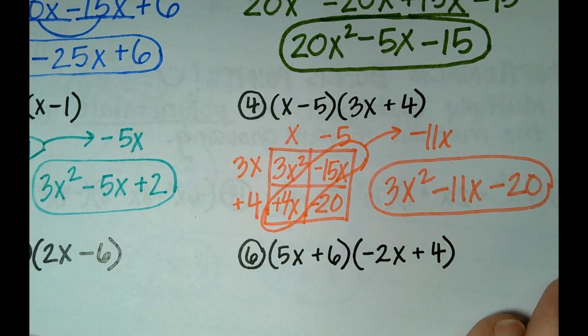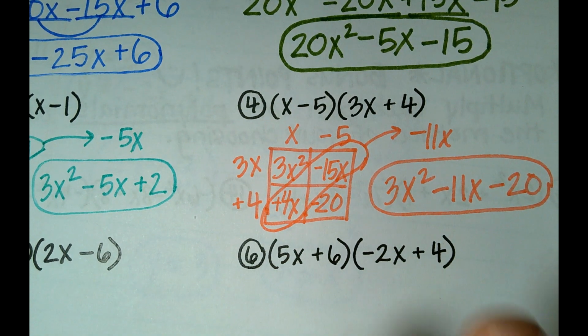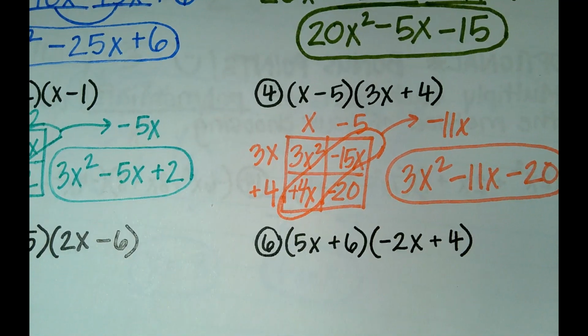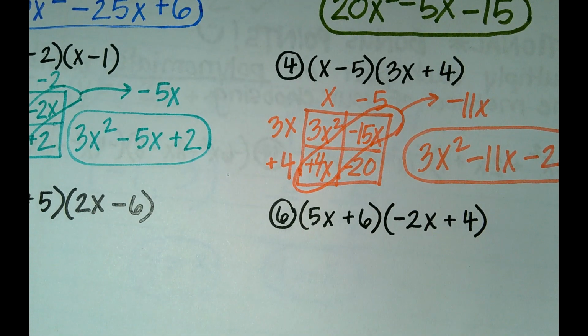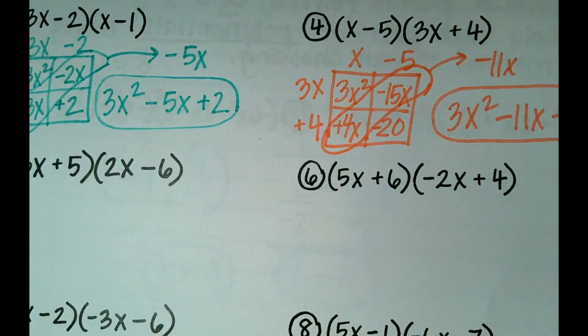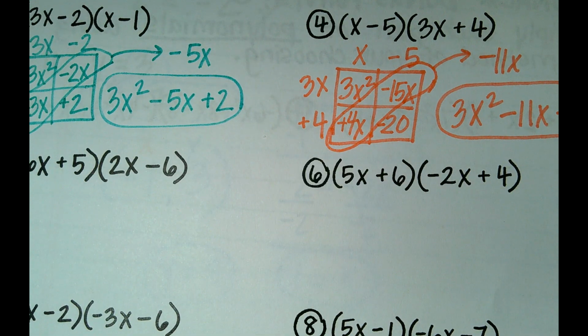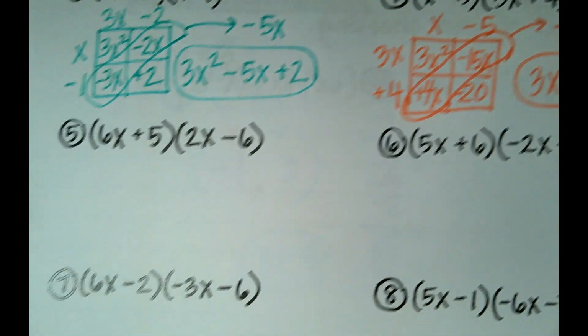You don't have to use the box method. The box method is more complicated. Yeah, and you know, it's funny because that's what most of the people in here say. They don't like the box method very much. But then I have other classes that love the box method. Everybody's different. I like the FOIL method better myself, but okay, let's look at number 5.